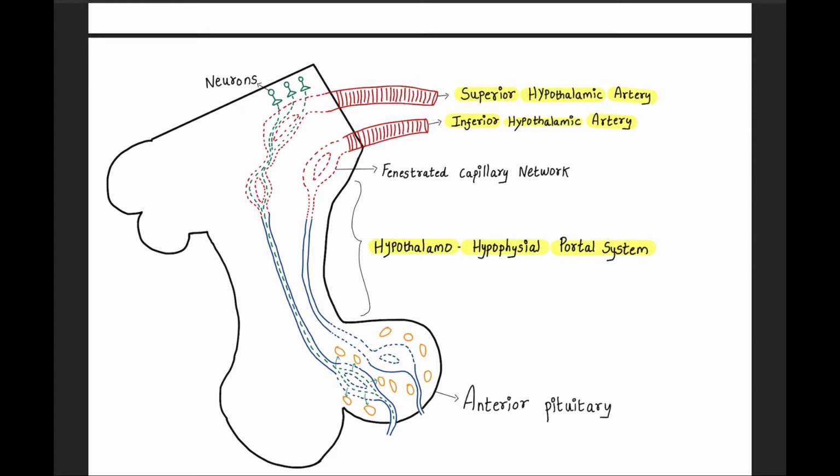That means the artery will be converted into capillaries, and these capillaries, when they go down the median eminence and pituitary stalk, form veins and lead to another capillary network and it continues with the circulation.